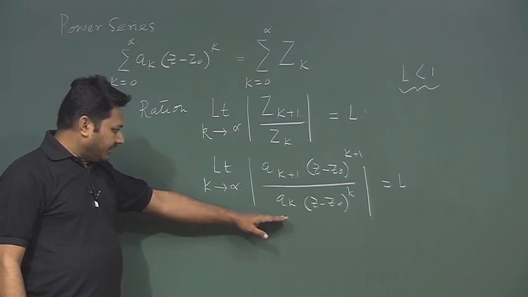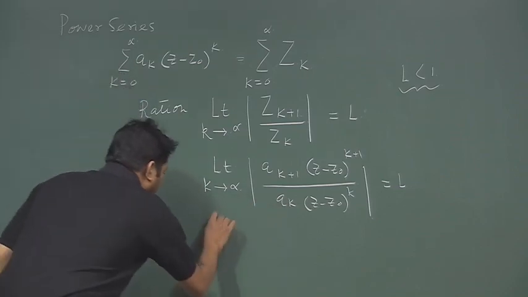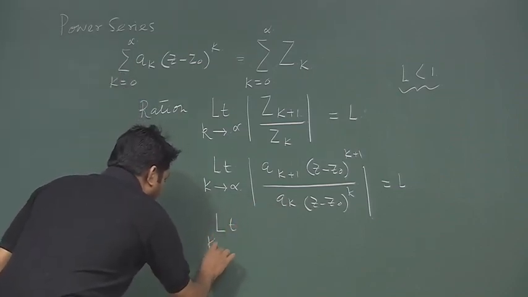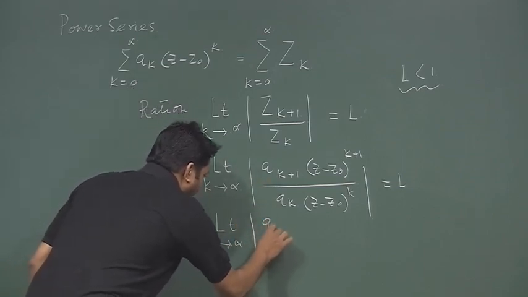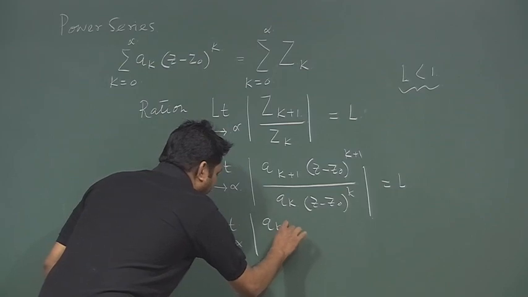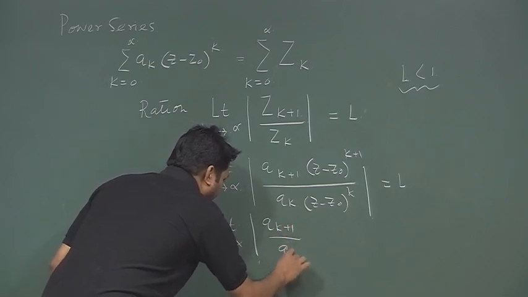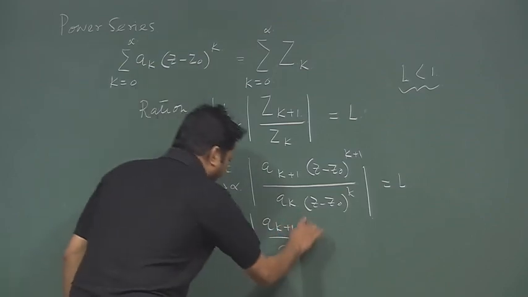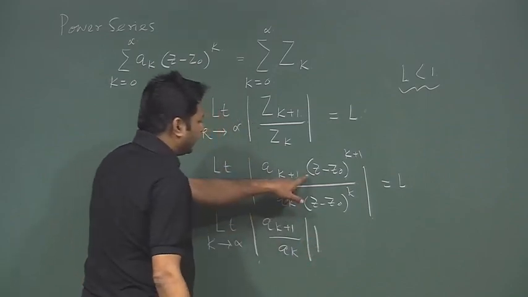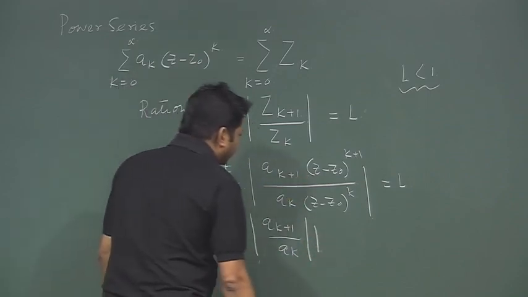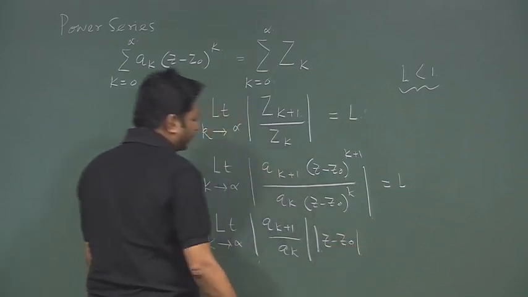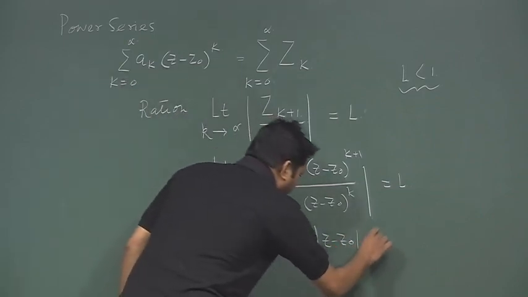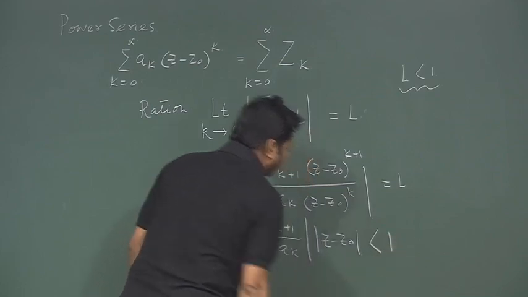So after that I can say the limit as k tends to infinity of a_{k+1} by a_k, multiplied by the quantity |z - z0|, is less than 1 for convergence.